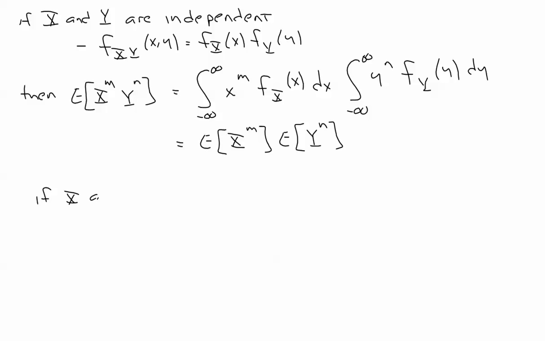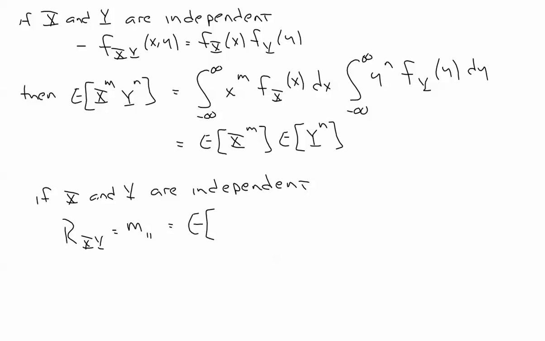If x and y are independent, then the correlation, which equals the M11 joint moment, which equals the expected value of x raised to the first power, remember, they're statistically independent, times the expected value of y raised to the first power.